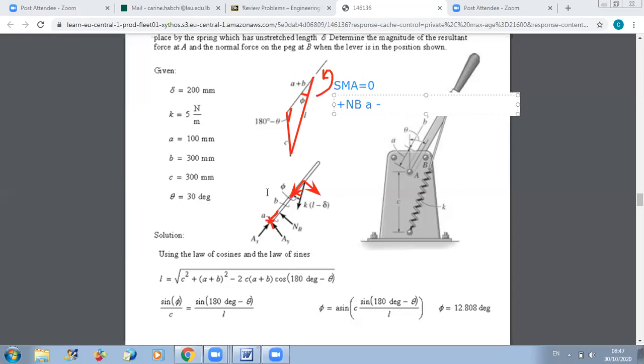So it's minus k times L minus delta, which is the magnitude, times sine phi to obtain the y component, and then I multiply by the distance, which is a plus b, okay, so times a plus b.